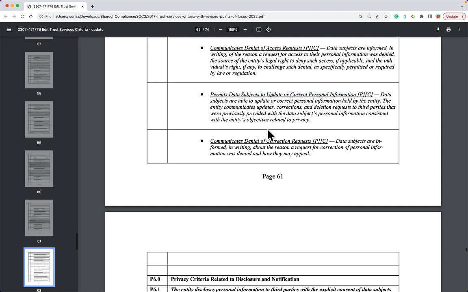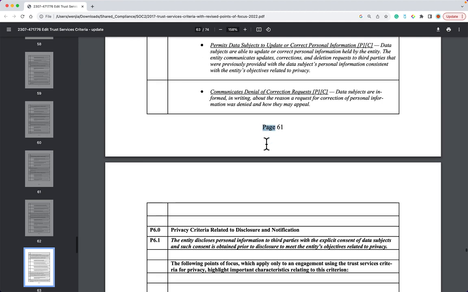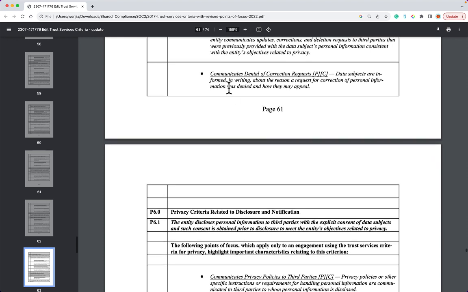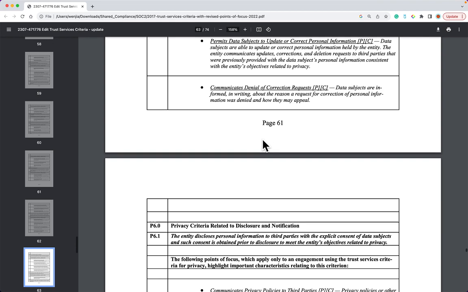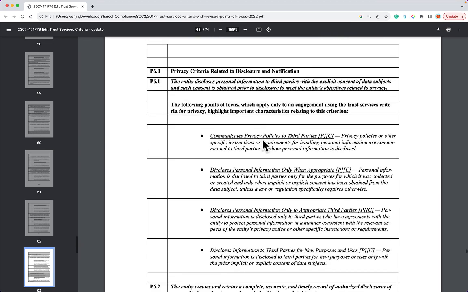This is their personal right. You need to give them this. You need to provide this system, these measures, so they can edit and amend. Communicate denial of correction: if their change request is denied, you need to explain.